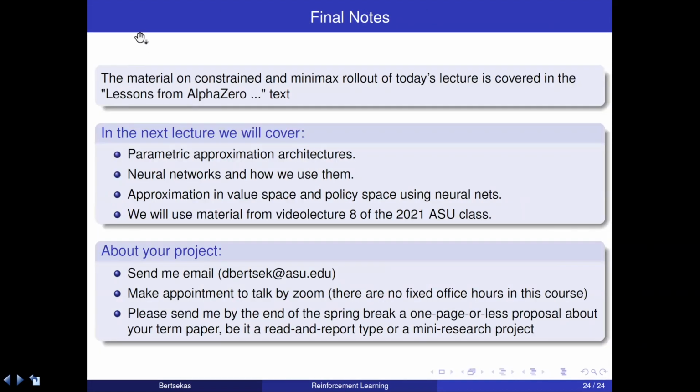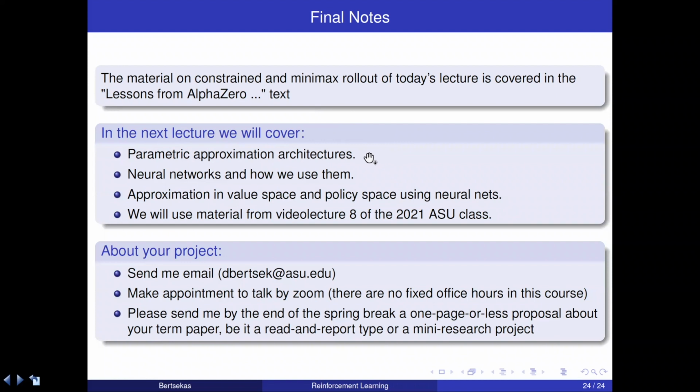Okay, so this is our last slide. The material we covered today in Constrained and Minimax Rollout is covered in your textbook, the Lessons from AlphaZero textbook. That's where you'll find an account. Then, as I mentioned earlier, in the next lecture, we're going to go into the second part of the course. We're going to go into offline training algorithms.